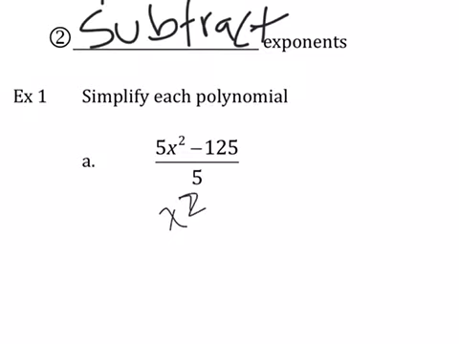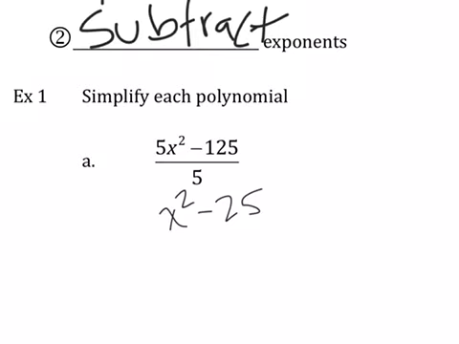And then I'm going to have negative 125 divided by 5, which is negative 25. Now, there is a way you can check this. You don't need to do this every time, but if I just wanted to be sure, the opposite of division is multiplication, right?